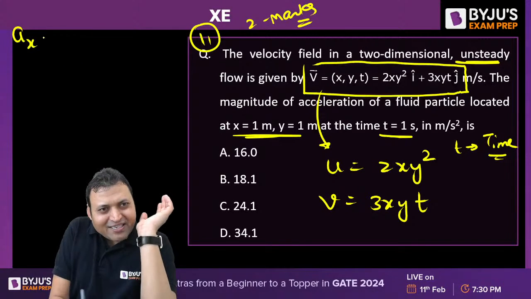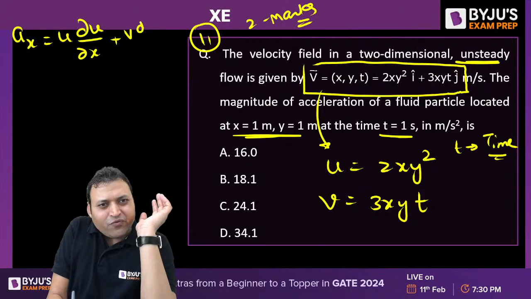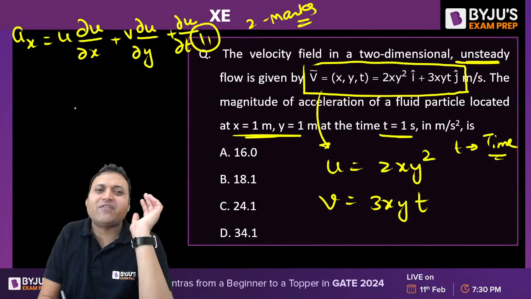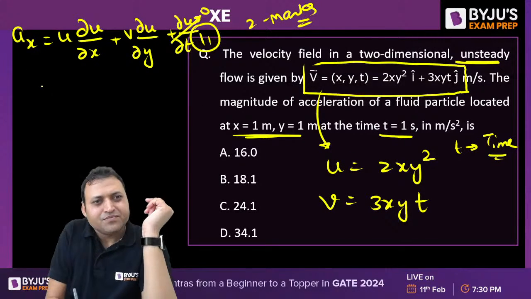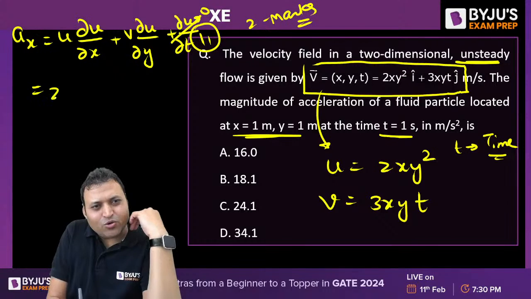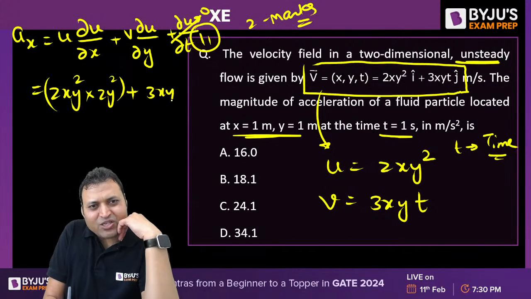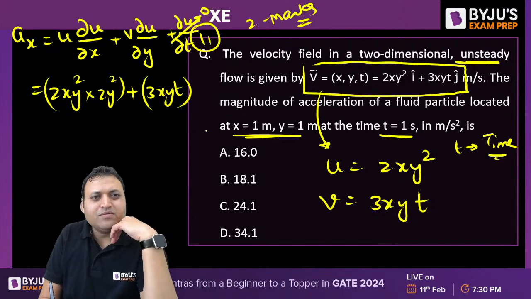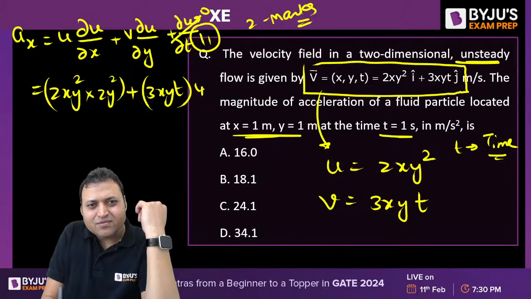So acceleration in x direction, ax, is equal to u into del u by del x plus v into del u by del y plus del u by del t, local plus convective acceleration. Because u is not a function of time, this will be 0. So put the values: u is equal to 2xy square into del u by del x, which is 2y square, plus v, that is 3xyt, into del u by del y, that is 4xy.